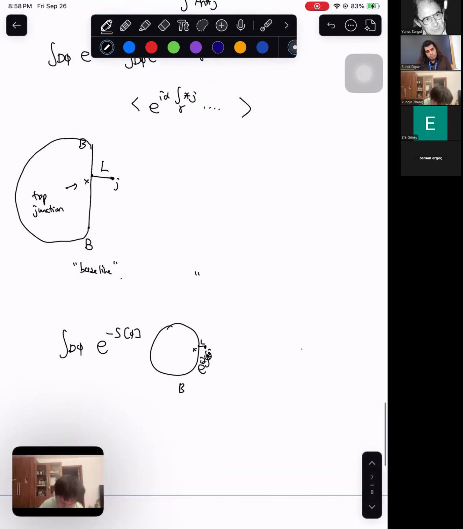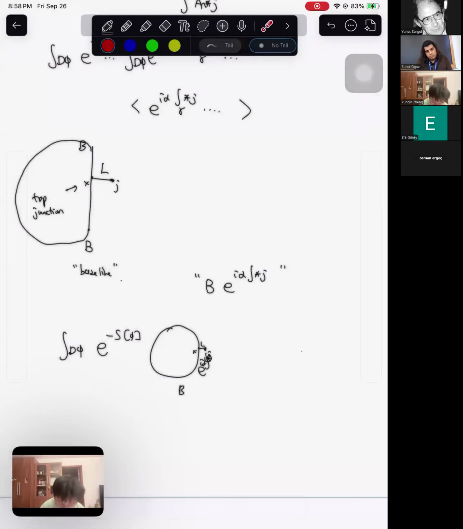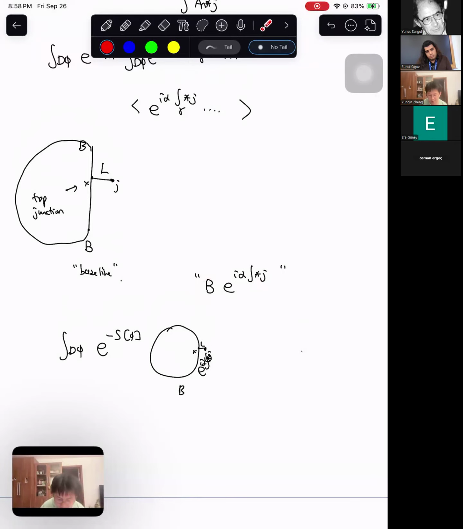This topological operator basically takes the form of B times e to the i alpha star J. But what we really mean is that we integrate this J on the base loop B. This notation is just schematic, because the interpretation of the product between B and its exponential expression is that we should integrate this J over the base loop B.